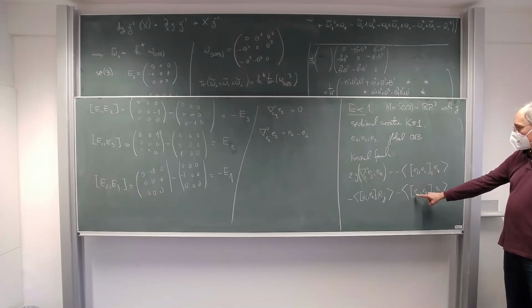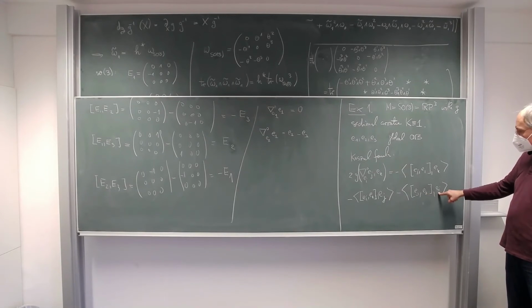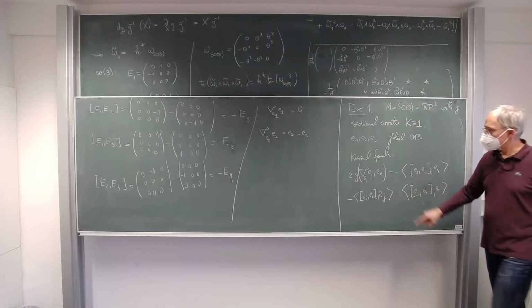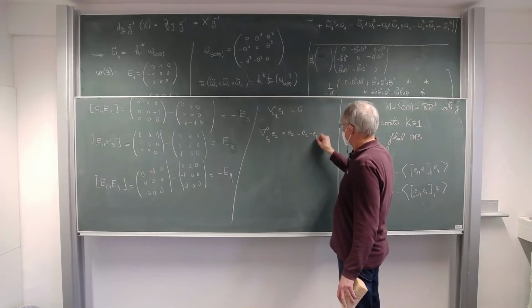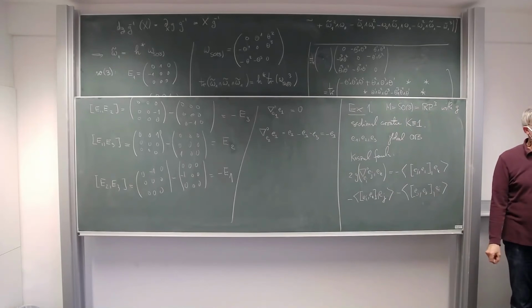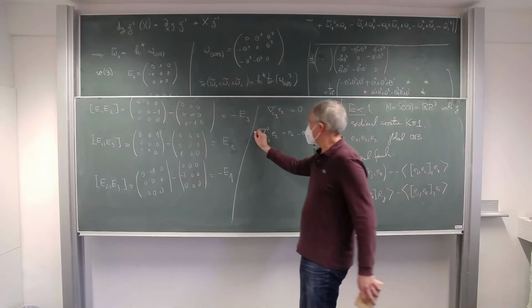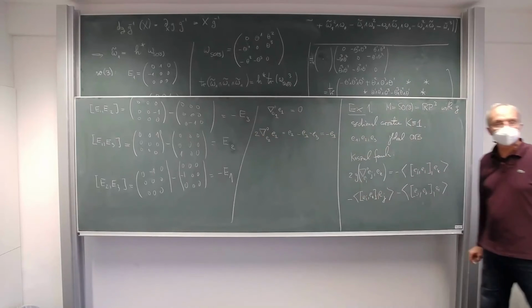Then I have E1, E3, which gives me E2 times E2 is a minus 1. So we get that. Two times that. Because it is 2.